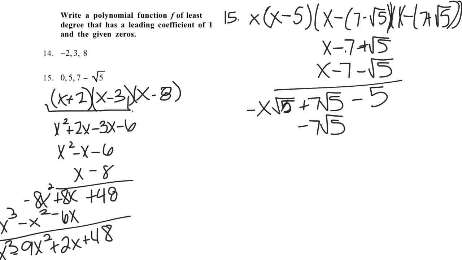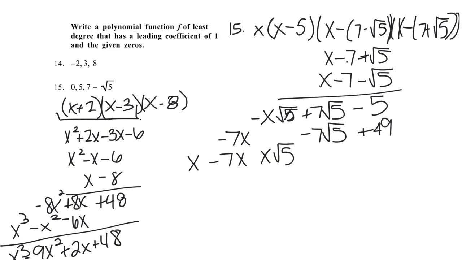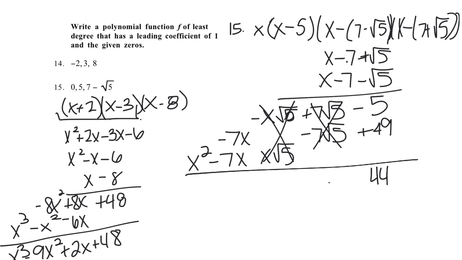Negative 7 times negative 7 is going to be plus 49. I'm going to put it underneath the 5 because those are my like terms. Negative 7 times x is negative 7x, and x times square root 5 is positive x square root 5. x times negative 7, negative 7x, and x times x is x squared. So the radical terms cancel out. We get 44, negative 14x, plus x squared.